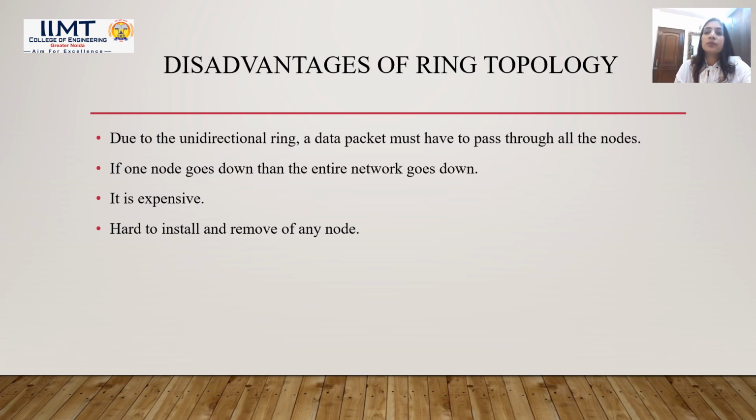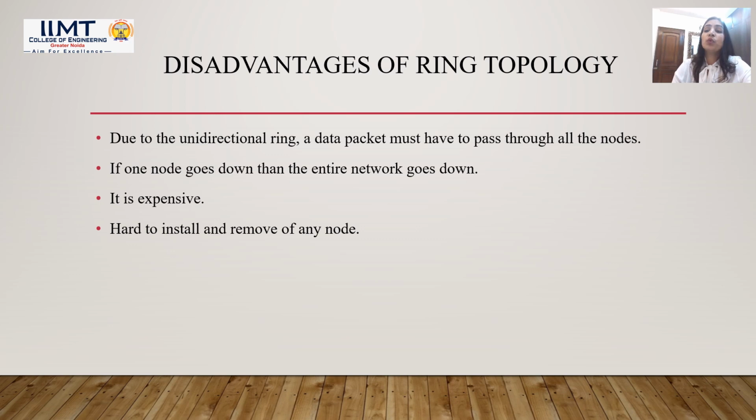Now we'll discuss some disadvantages of ring topology. First one is that due to its unidirectional flow of data, a packet has to go through all the nodes. Next is if one connection goes down, it affects the whole network. That means the whole network goes down.